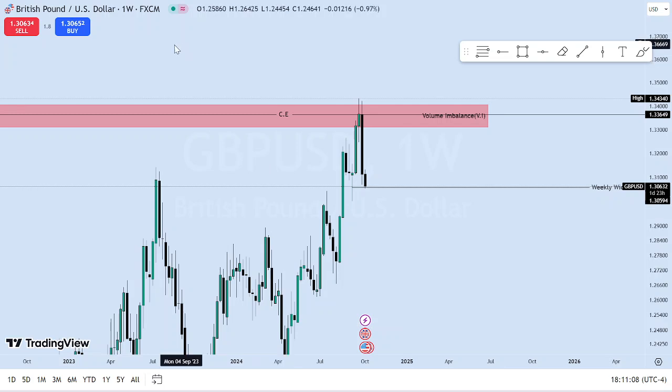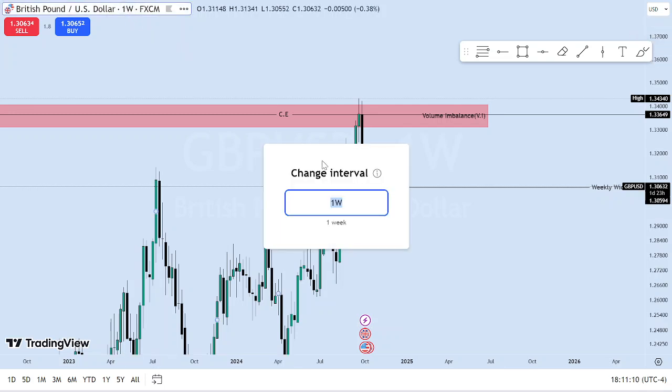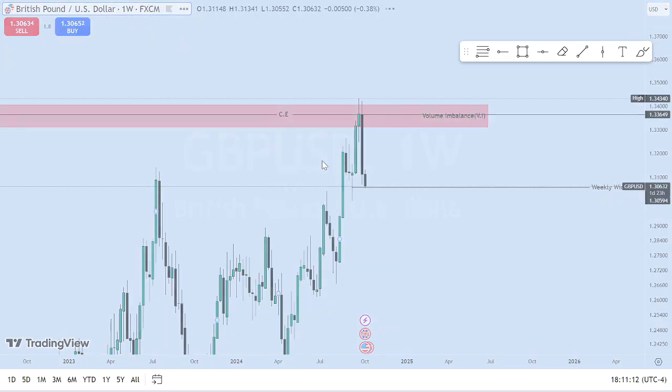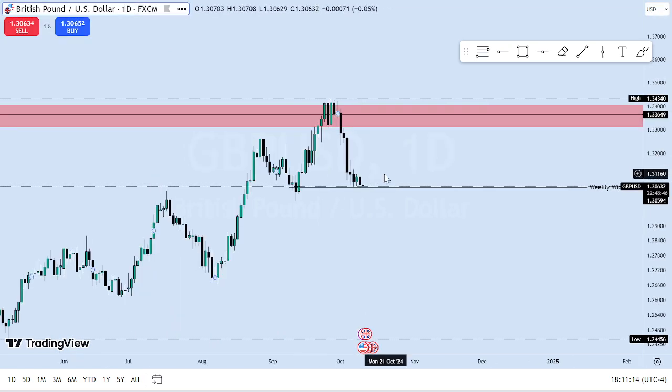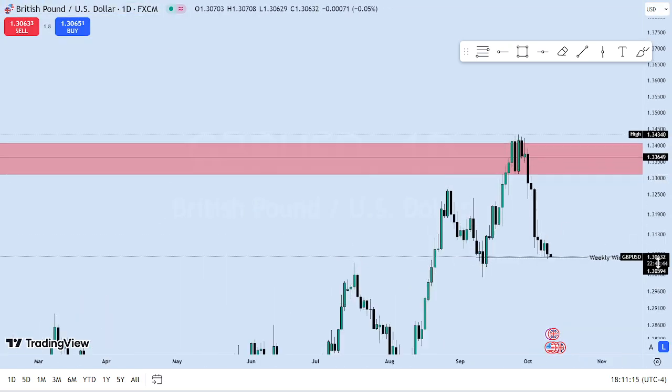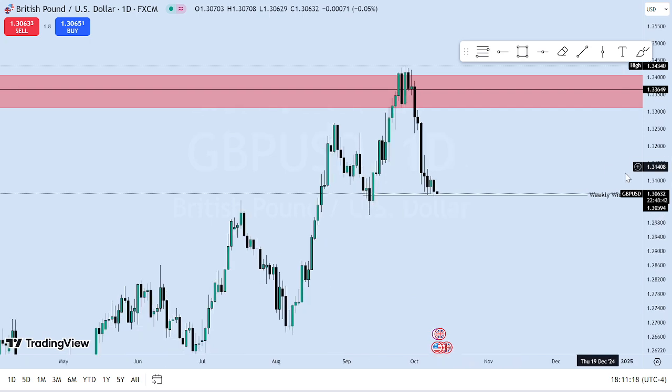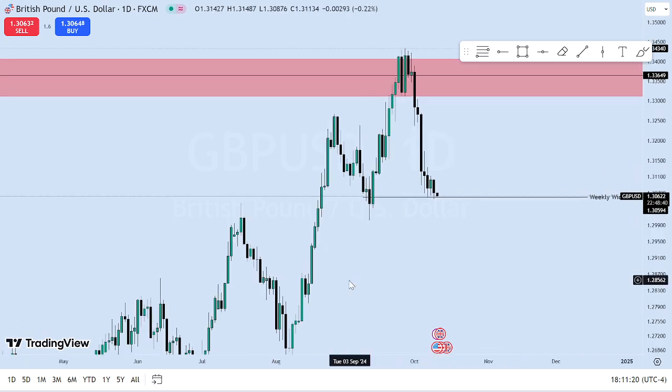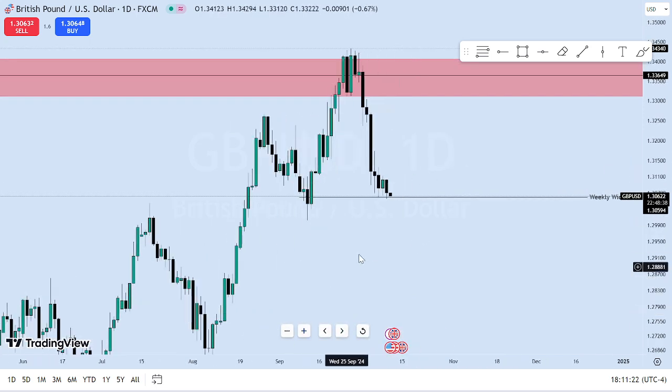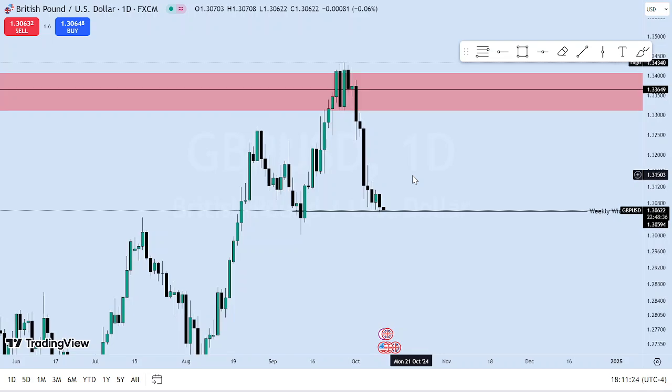You can go down to the daily time frame to see proper price action, what price is doing. You analyze from the higher time frame to the lower time frame, from the weekly time frame, to see where price is heading.